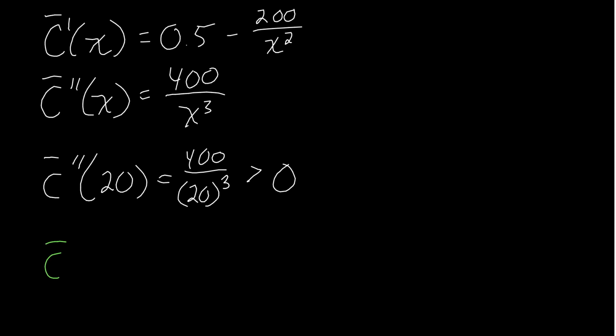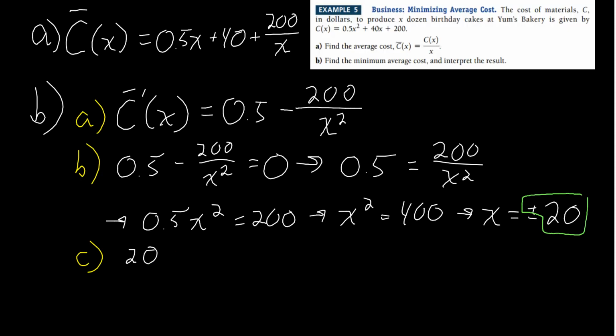Now what I'm going to do is plug in. So C bar of 20 will get me, again, C bar, that's the original function we had, which is up here, and let's just put this into the calculator. It's 60.